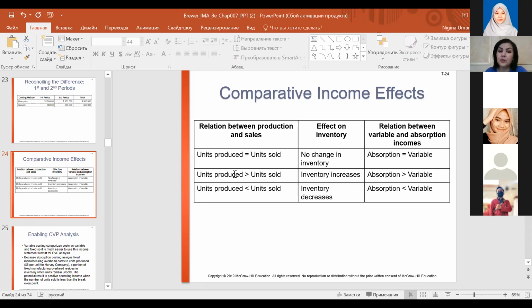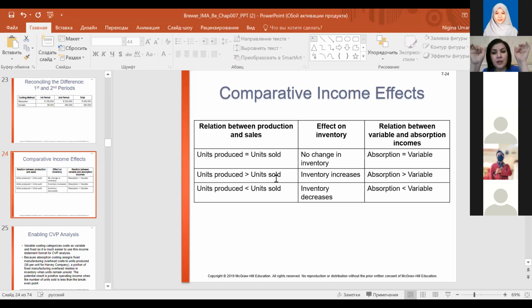If units produced are higher than units sold, when the company produces 25,000 units and sells 20,000, beginning inventory was 0. What is the ending inventory? If it produces 25,000 but sold 20,000, what is the ending inventory?